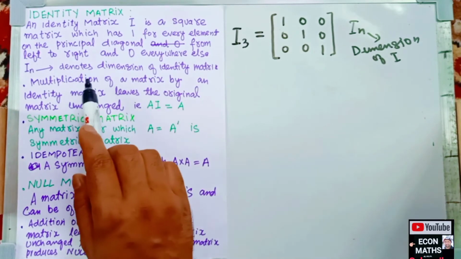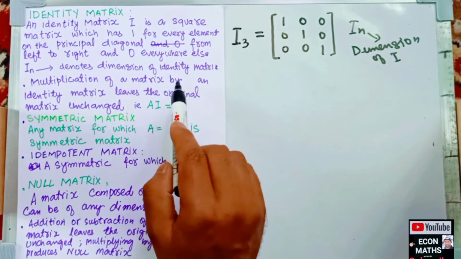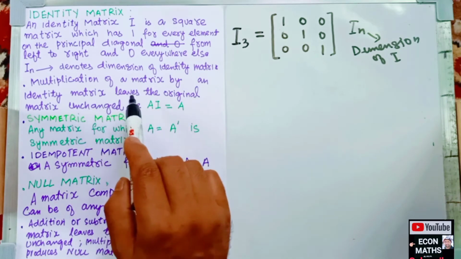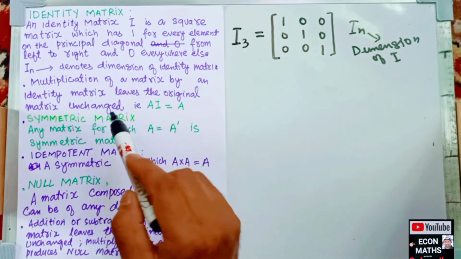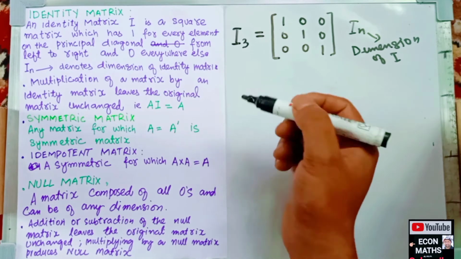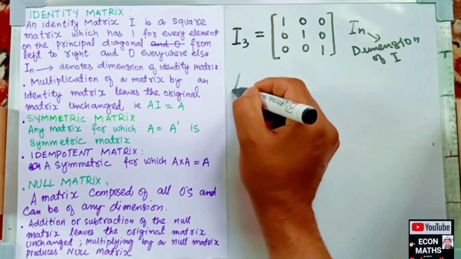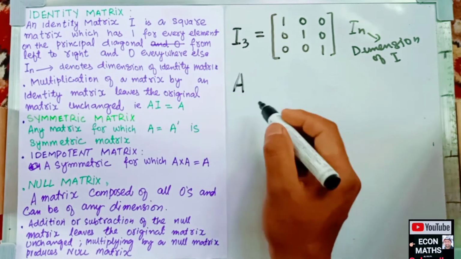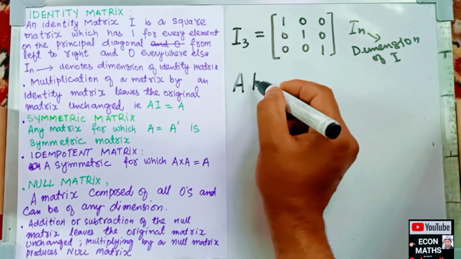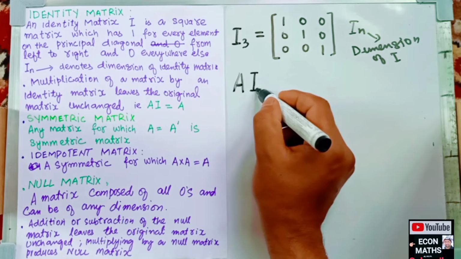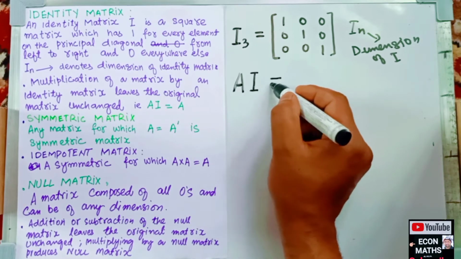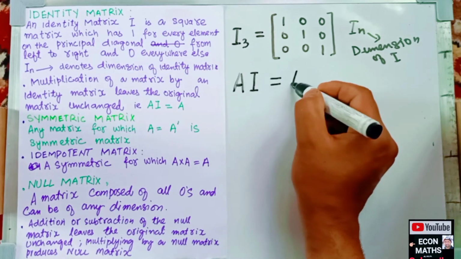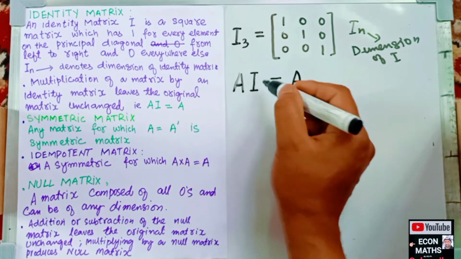Now, multiplication of a matrix by an identity matrix leaves the original matrix unchanged. That is, if A is a matrix and we multiply it by an identity matrix, then we get the answer A, that is the original matrix.